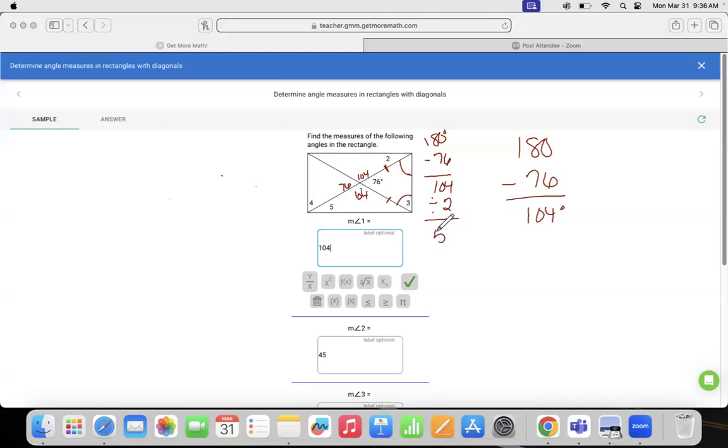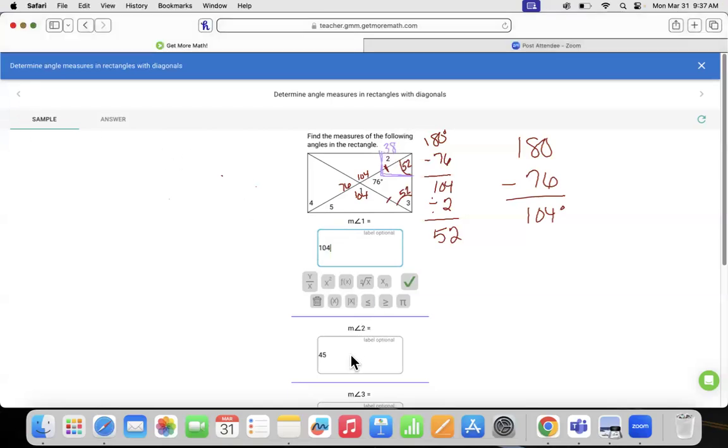And that's going to get us 52. So right in here is 52. So that tells us that angle 3 is 52. And now we can use that information to be able to find angle 2, right? Because 90 degrees minus 52 is how they got the 38.